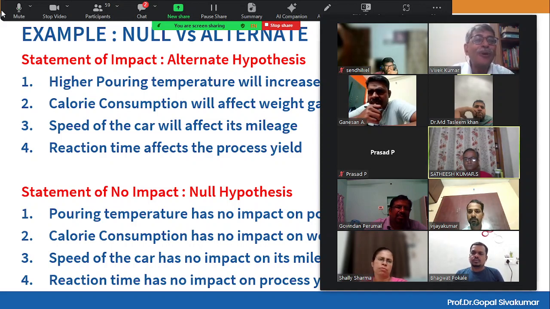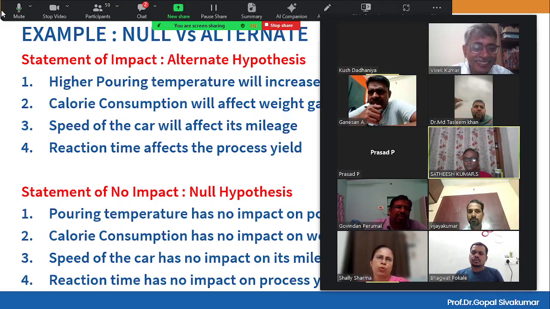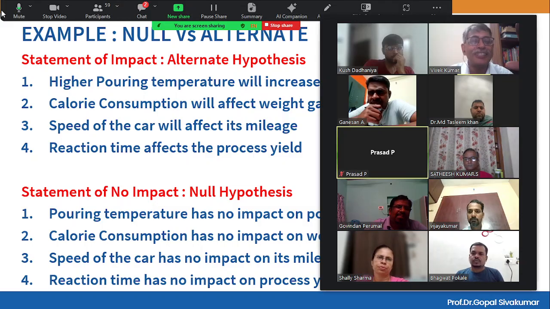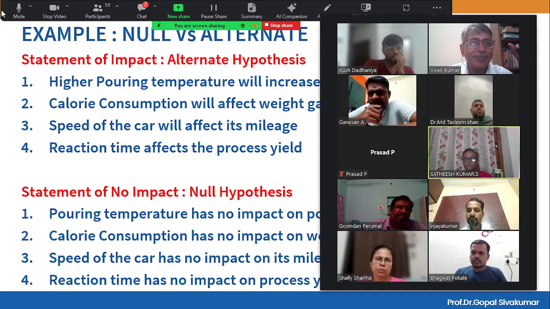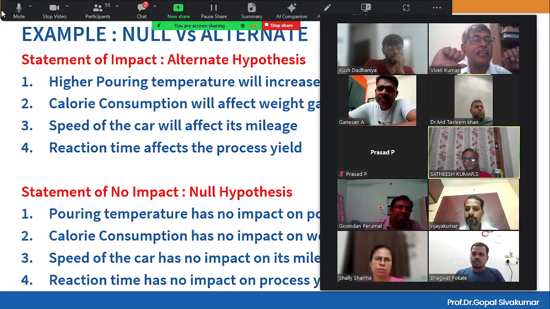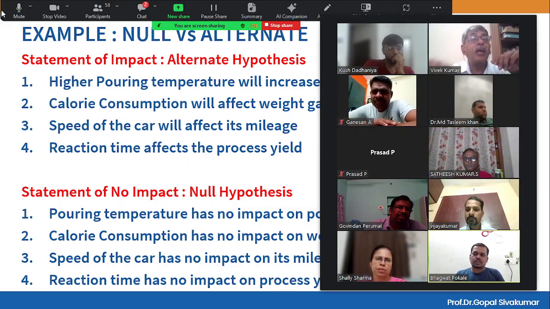I am going with the alternate hypothesis. I will not say I am accepting, I will say that I am going with, because further investigation is required. So if I reject the null hypothesis, that means I am going with the alternate hypothesis. Or I fail to reject the null hypothesis.